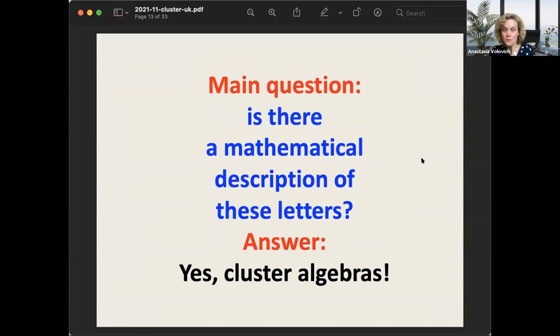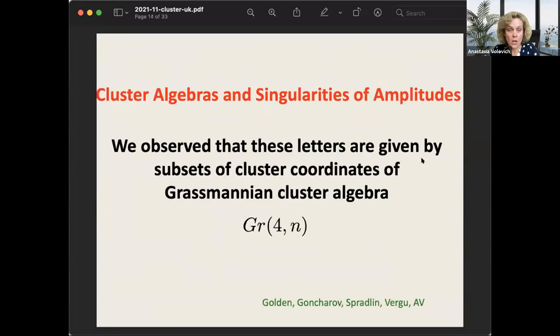The answer at first seems to be that the correct answer is cluster algebras. So the statement is the following. In our 2013 paper with Golden, Goncharov, Spradlin, and Vergu, we observed that the letters, the set of singularities that I presented for you for 6 and 7 points, are given by a subset of cluster coordinates of Grassmannian cluster algebras.